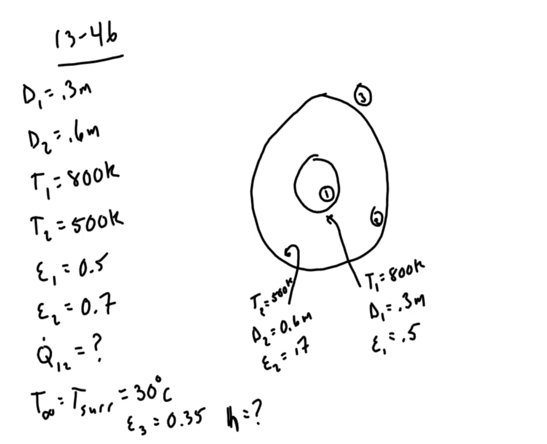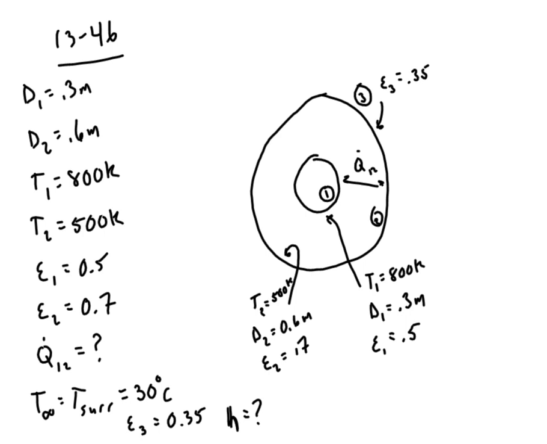And outside of the outside surface, we have an emissivity 3, which is equal to 0.35. So the first thing we're asked to find is the heat transfer rate that goes from surface 1 to surface 2. So what is that? Q12. And then lastly, it says, what is our heat transfer coefficient?